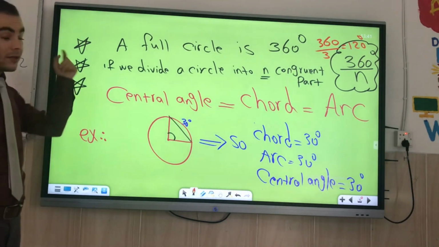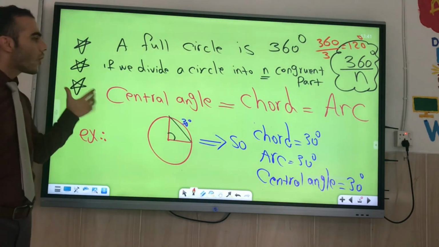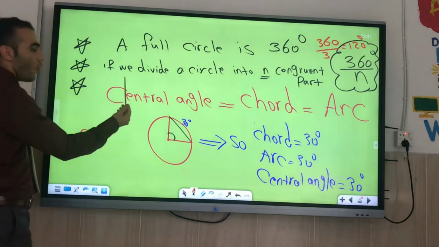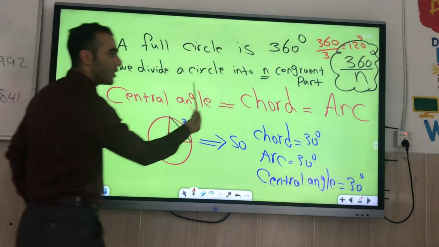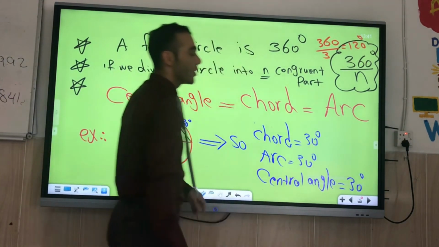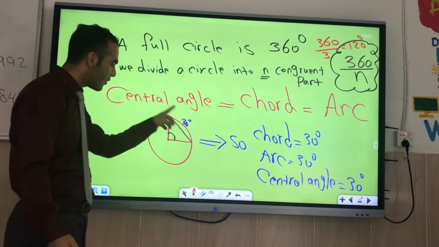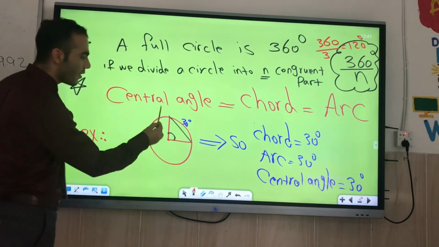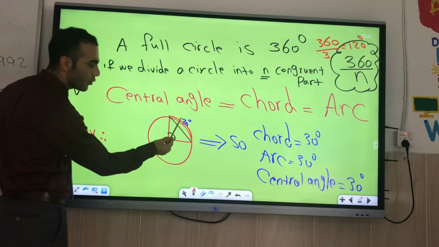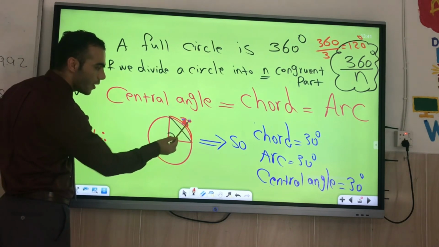And the last and the most important point regarding these three points is that central angle is equal to chord, and both of them are equal to arc at the same time. So imagine that we have a circle and the given arc is equal to 30 degrees.